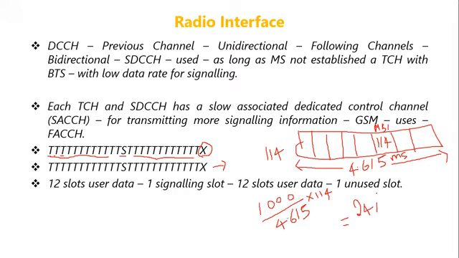So 24,702 bits were transmitted per second. If you convert this to kilobits, it will be 24.7 kilobits per second. That is how we got 24.7 kilobits per second.